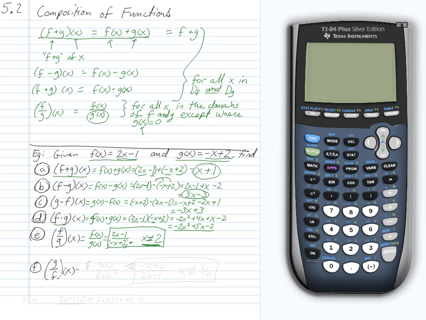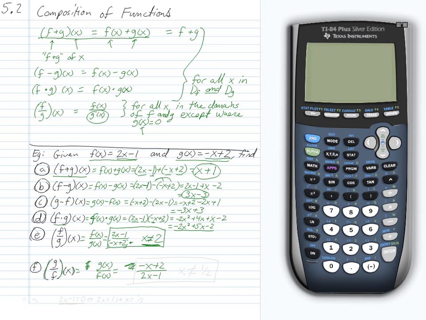Right, now if we went the other way, if we said g of x over f of x, that's what we're saying when we say g over f of x. We're asking for the function which puts g over f. Alright, now we know g of x is negative x plus 2, and f is 2x minus 1.